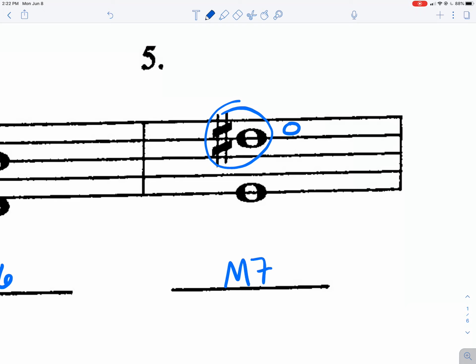And I know that an octave minus a half step is a major seventh. Now, I'm able to do that. That makes sense to me. This leap up to an octave and down a half step makes perfect sense to me. I recognize that not everybody thinks of it in the same way. So there's two versions. They both work. You choose the one that makes the most sense to you.